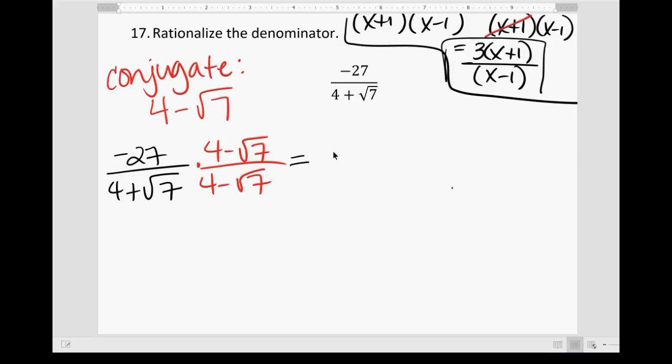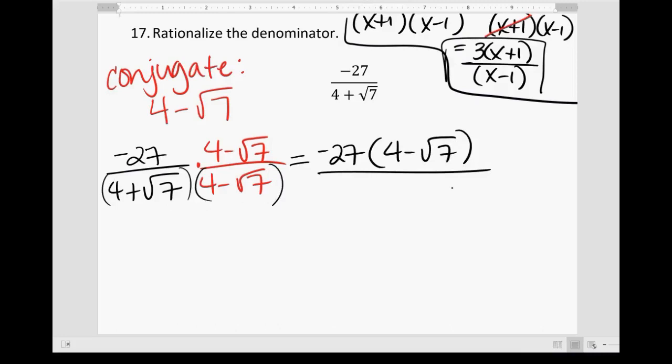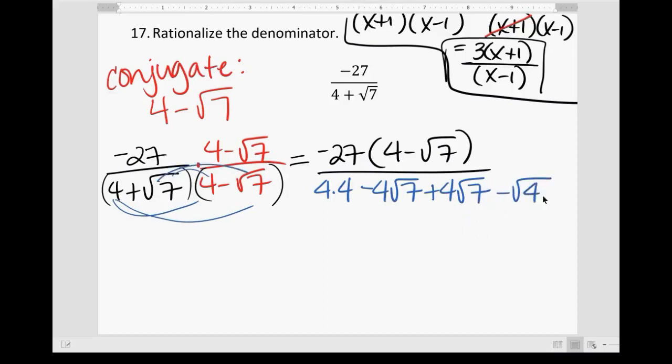Okay, so the top we're going to basically have negative 27 times 4 minus the square root of 7. Now on the bottom we're going to distribute. So I'm going to have 4 times 4, negative 4 root 7, positive 4 root 7, and then negative root 49.